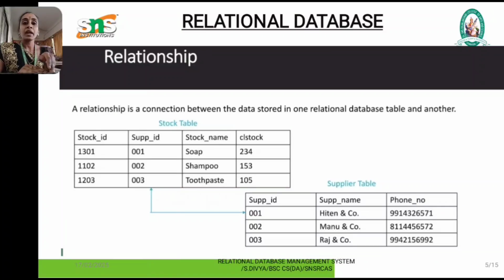Here supply ID is considered a reference key. Through the reference key I am referring to the supply details by using the attribute called supply ID. This is the relationship connection between the stored data in the tables and rows of a relational database.